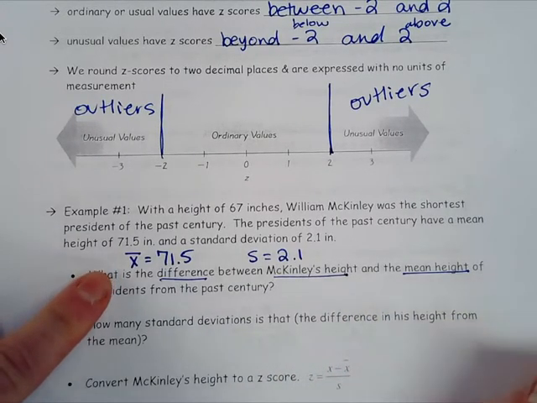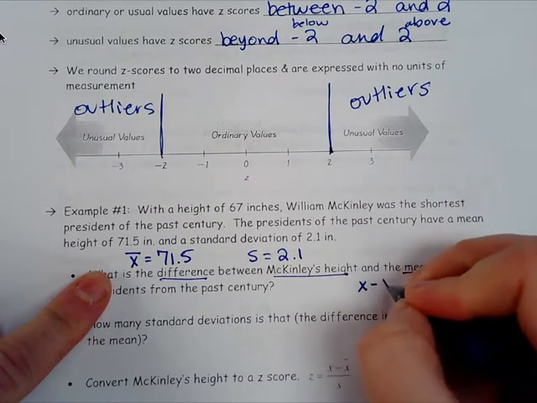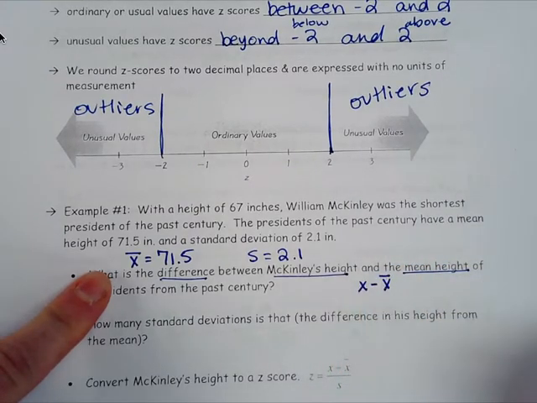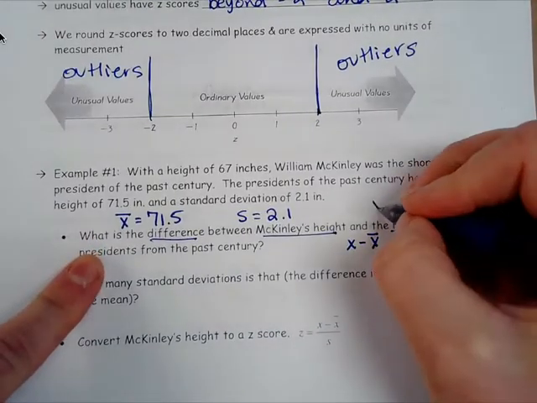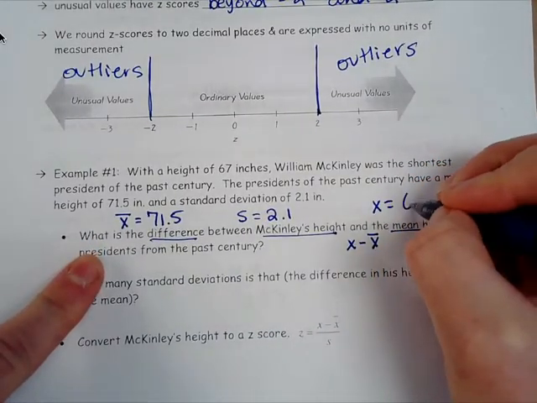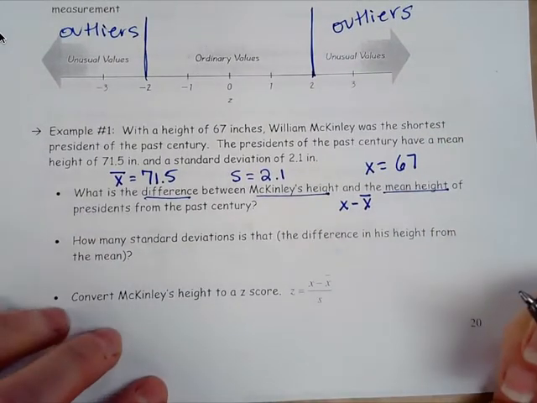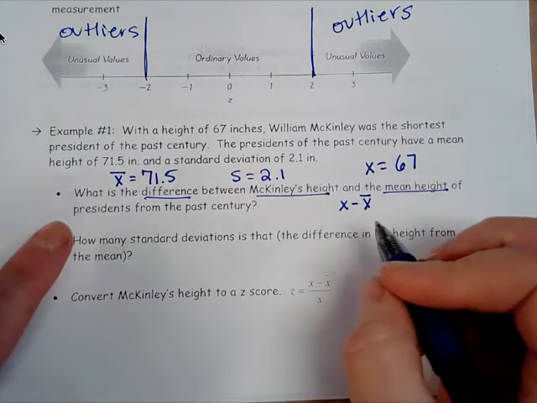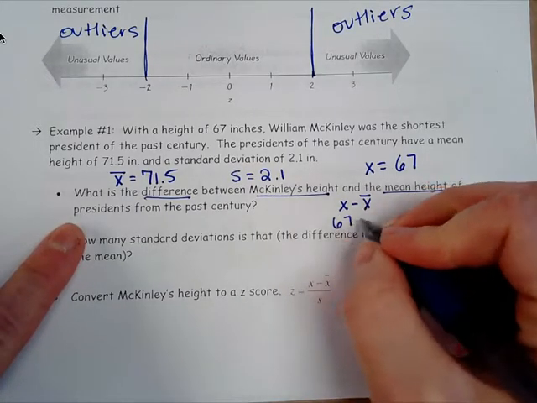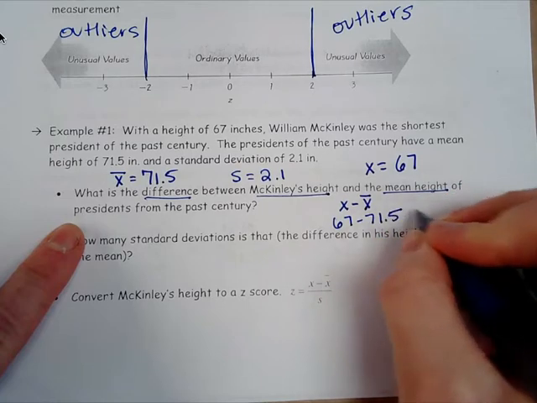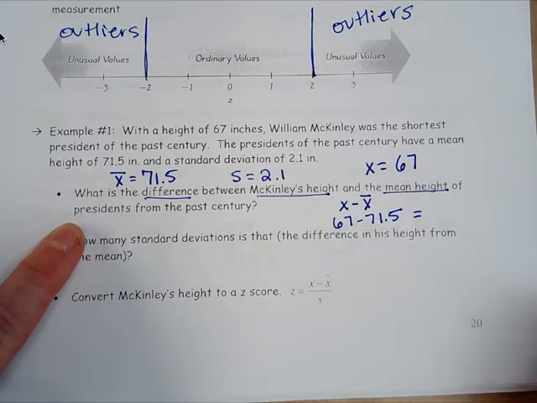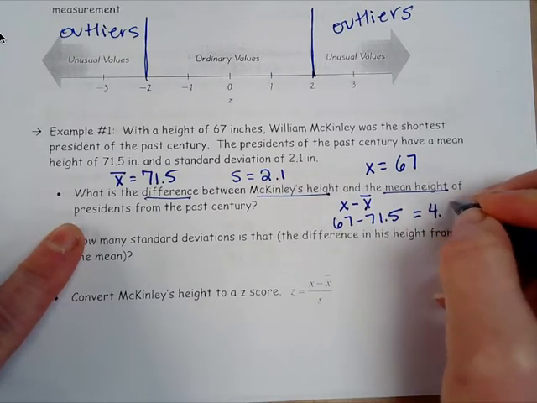So we would take x minus x bar. x is one of our data values, that is 67, McKinley's height. So we would say 67 minus 71.5, so that's negative 4.5 inches.